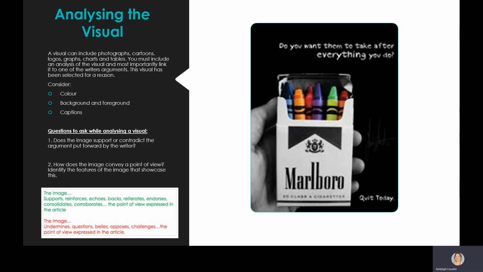There's a list of language below to help you discuss the image. Does it support? Does it consolidate? Does it raise questions? Again, simply stating there is a visual is not enough. You must consider how is it being used and overall, how does it bolster the argument?